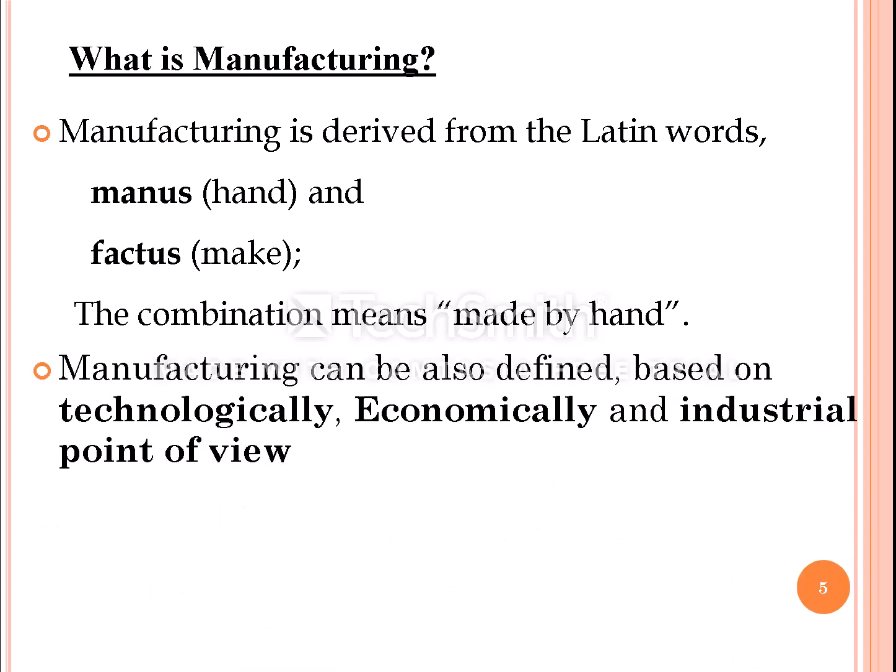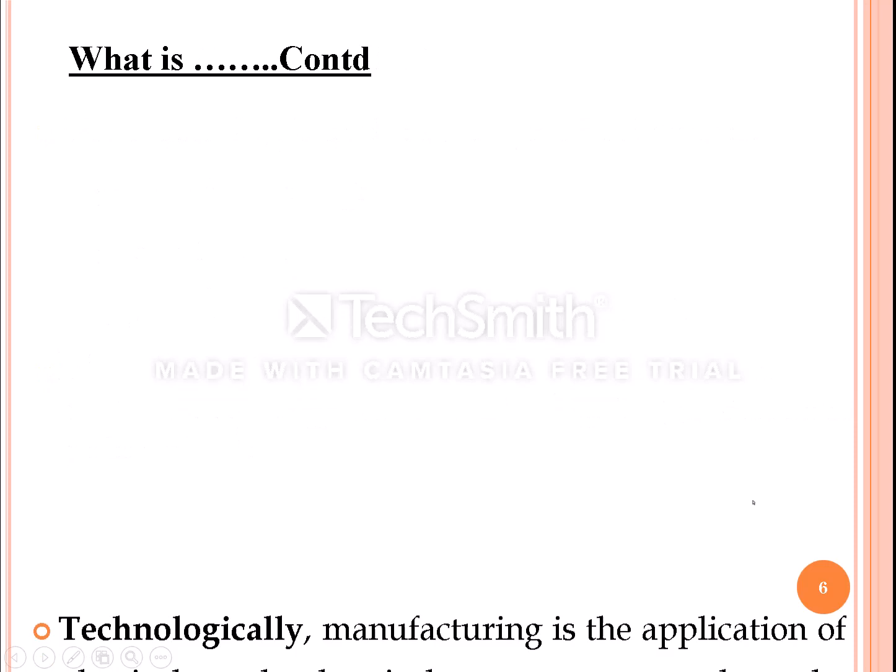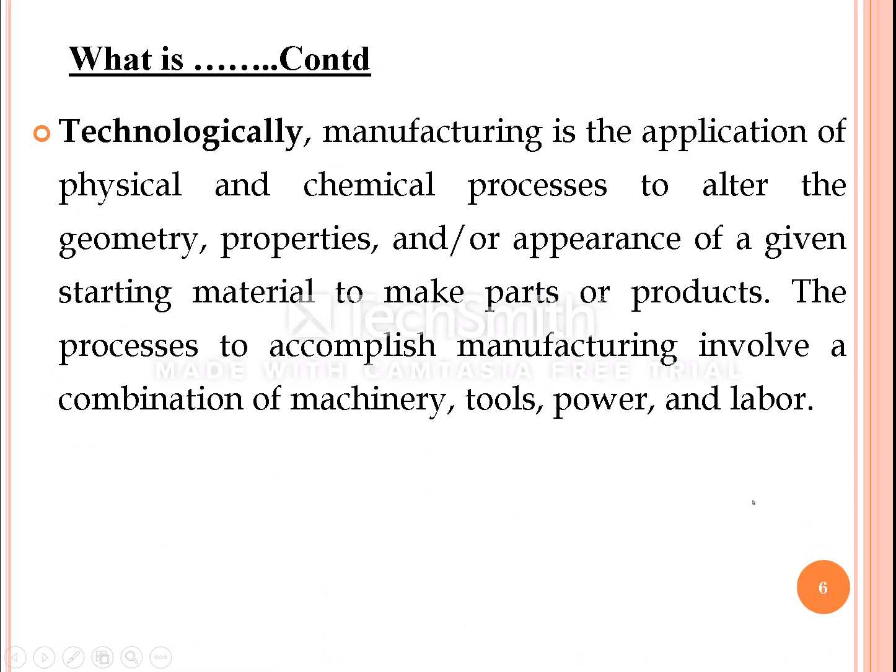So manufacturing can also be defined from the technological, economical, and industrial points of view rather than the historical background. So technologically, manufacturing is the application of physical and chemical processes to alter the geometry, properties, and appearance of the given starting material to make parts or products.